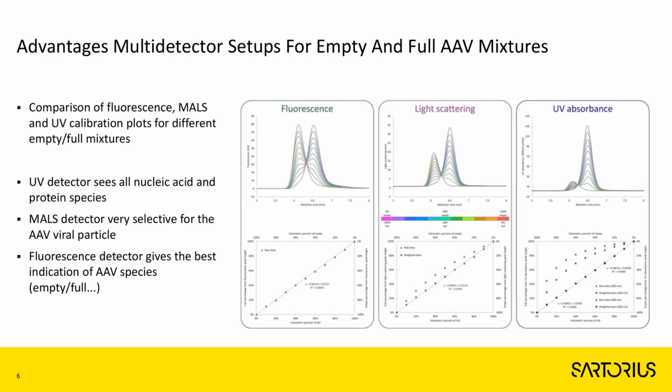Here, I'm showing a comparison of fluorescence on the left, MALS in the middle, and UV absorbance plots on the right of different mixtures of empty and full AAV capsids. We can observe that as we mix them in different ratios, going from 0% empty to 100% empty, we can see the peaks shifting from right to left.